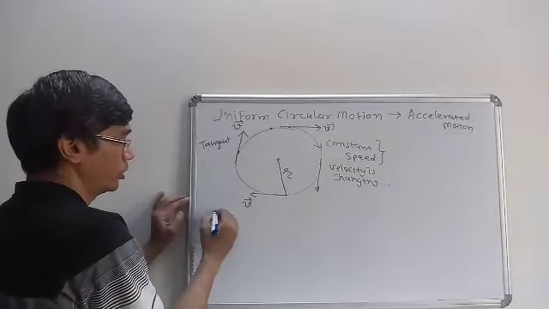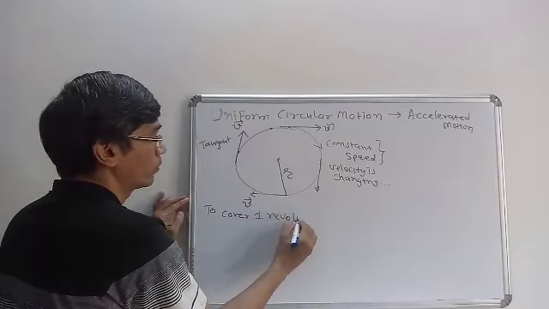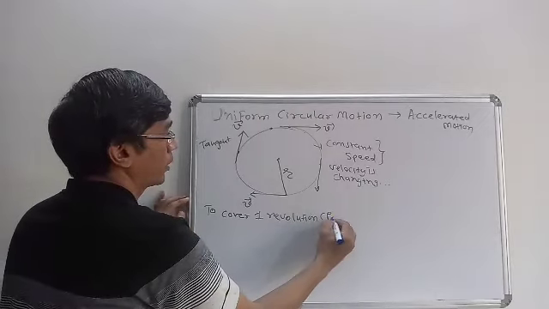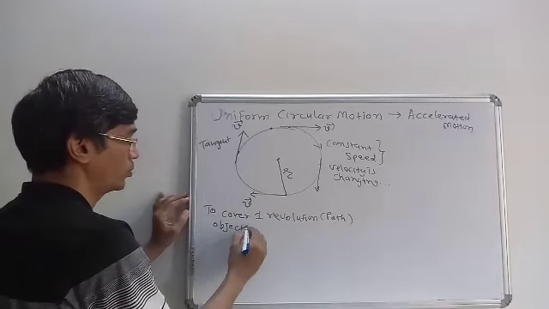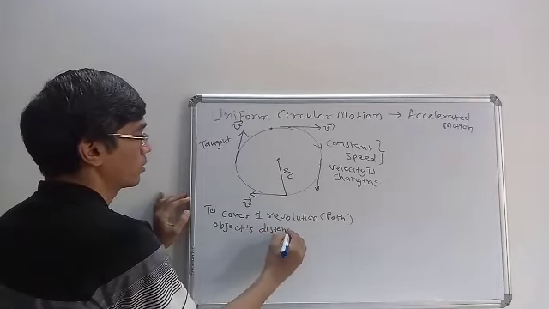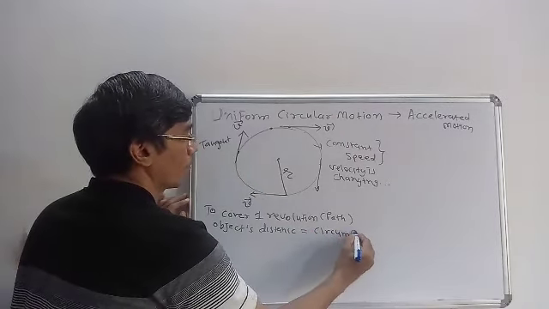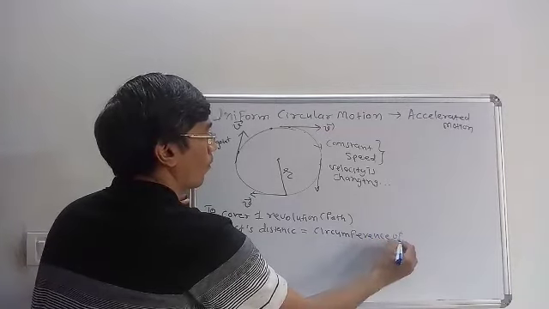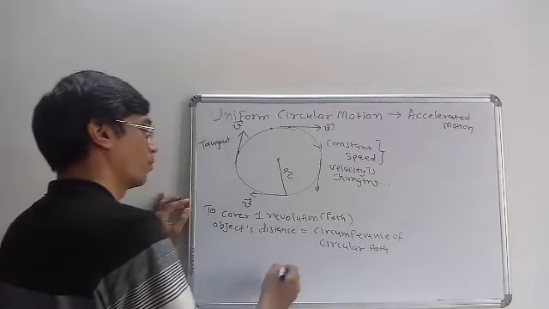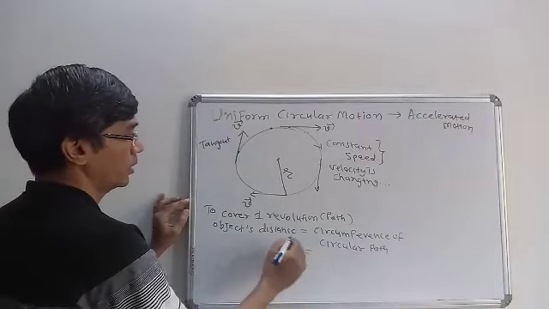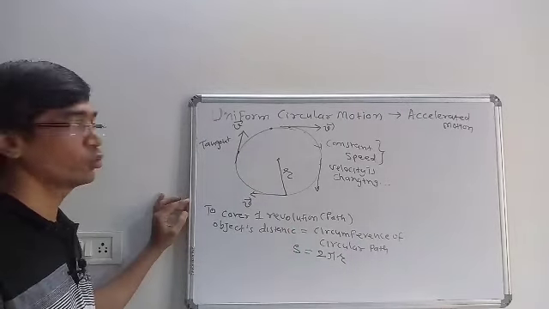Here we take the radius of the circular path as r, and if we take one revolution, to cover one revolution of the circular path, the object's distance is given by the circumference of the circle. So we can say it is 2 pi r. The s is equal to 2 pi r.